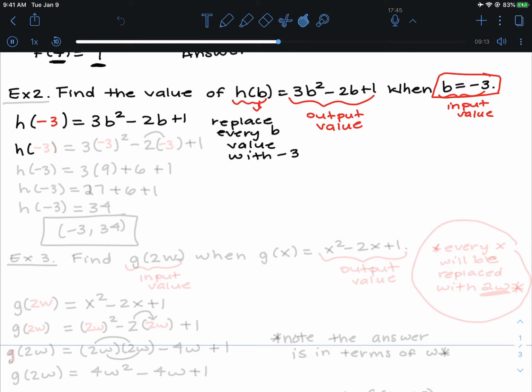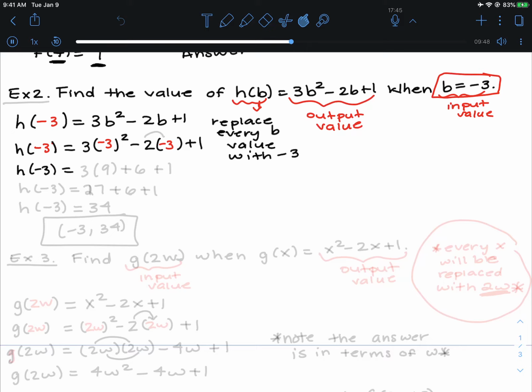So we're going to go ahead and we're going to get h of -3 equals 3 times (-3) squared minus 2 times (-3) plus 1. So wherever I put those parentheses, I'm going to go ahead and place a -3. You should just get used to using parentheses, especially when you have a negative raised to the power of 2. Just get in the habit of using parentheses, and then we go ahead and we solve this.